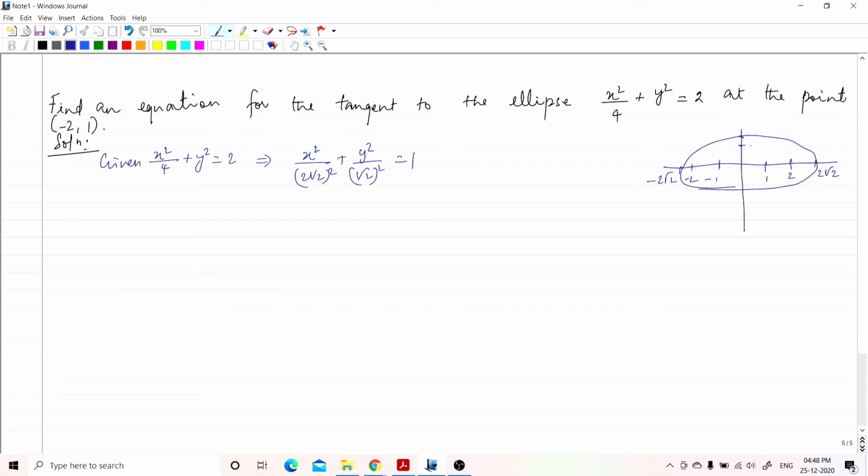So minus 2 comma 1 is the point that we are talking about.